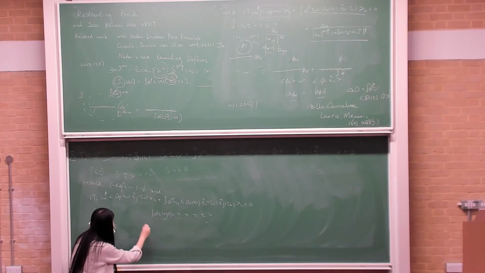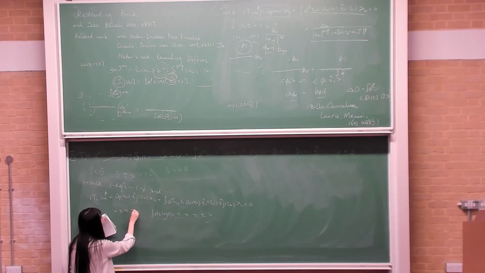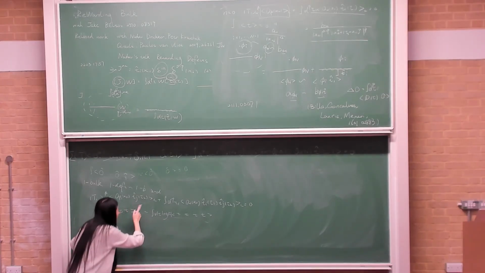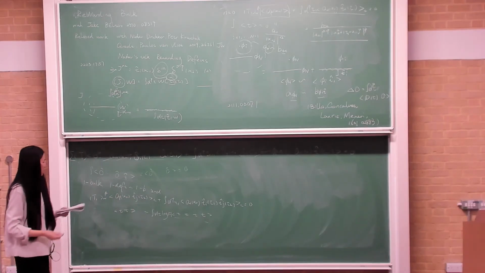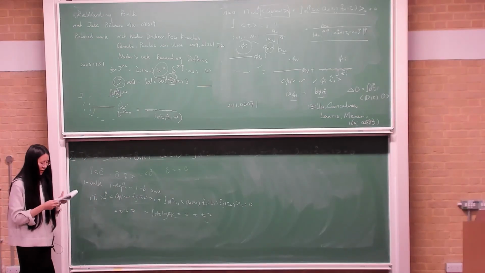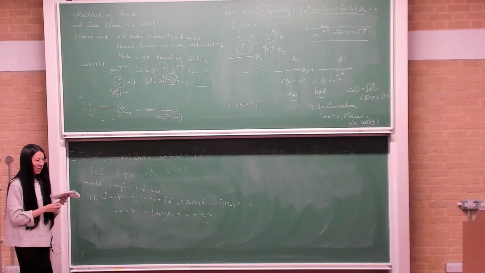It gives me the 2-point function of TT, which is analogous to the first term here, which is also a 2-point function.